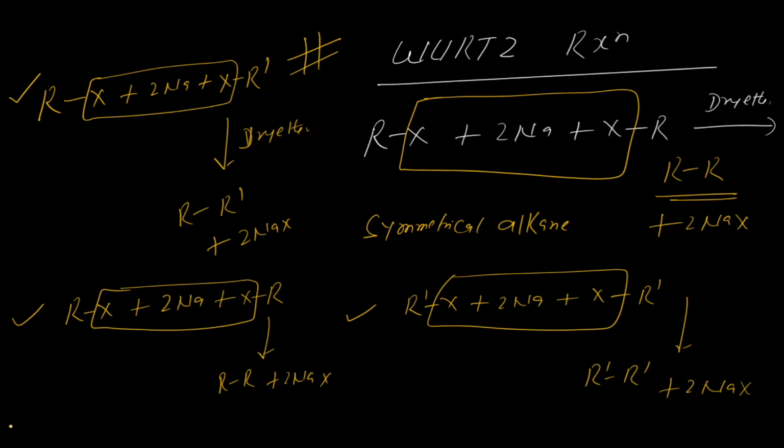Now I would like to give you some examples, but before that, the mechanism is important. So how does the reaction proceed? I'm giving a mechanism, then I'll give you some examples. So what is the mechanism of the Wurtz reaction? Have a look here. It completes in two steps.